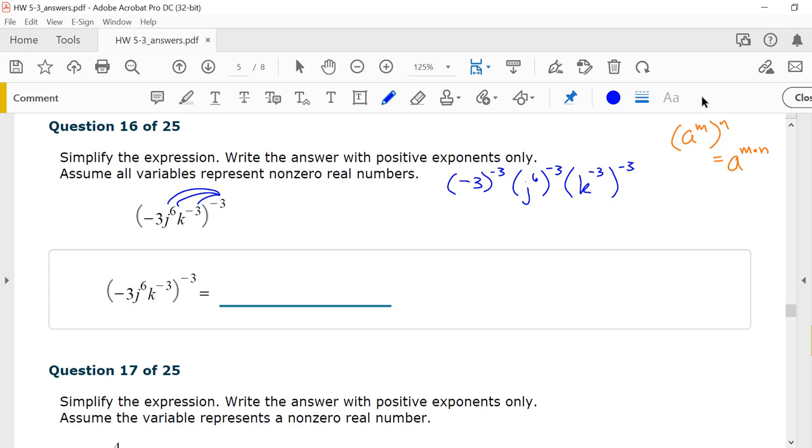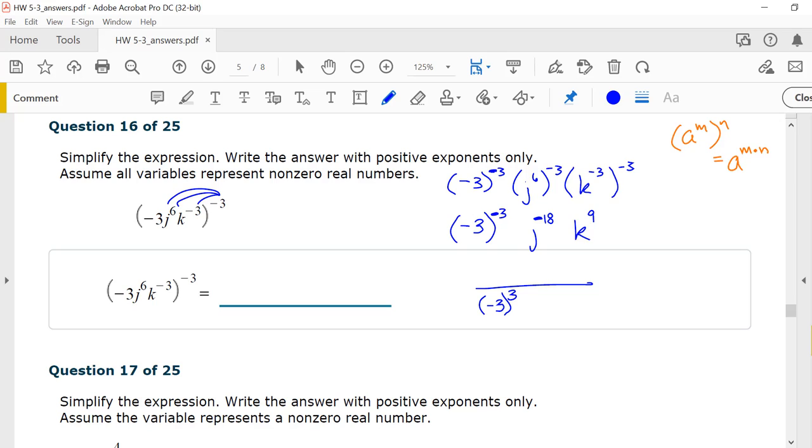Negative 3 to the negative 3. I don't like that exponent, but right now I'm just going to keep it. j to the 6 times negative 3 would be negative 18. k to the negative 3 times negative 3 is 9. Okay, I don't like these negative exponents, so I'm going to take care of those by putting them down in the denominator.